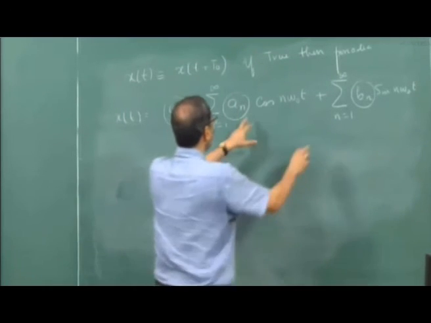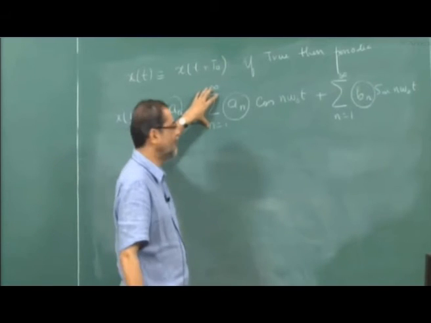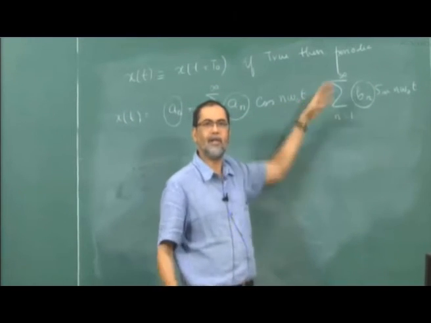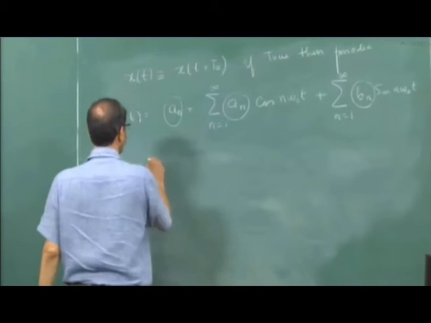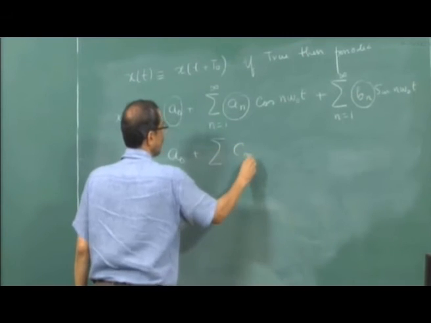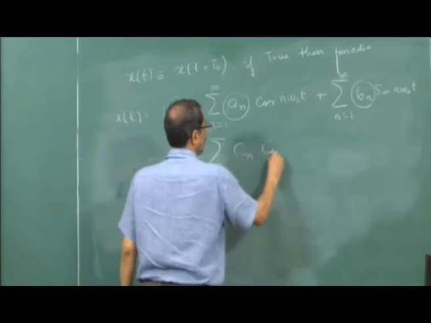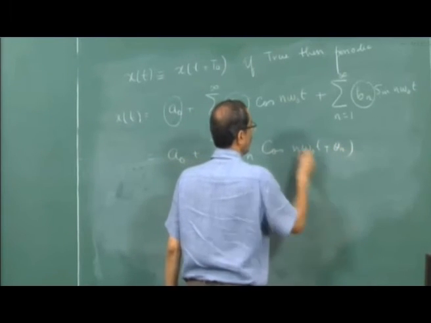So you can combine an and bn. This is a summation from 1 to infinity, and this is a summation from 1 to infinity. So you can collect the terms of the same n and show that this is a naught plus the summation of Cn cosine of n omega naught t plus theta n, right.